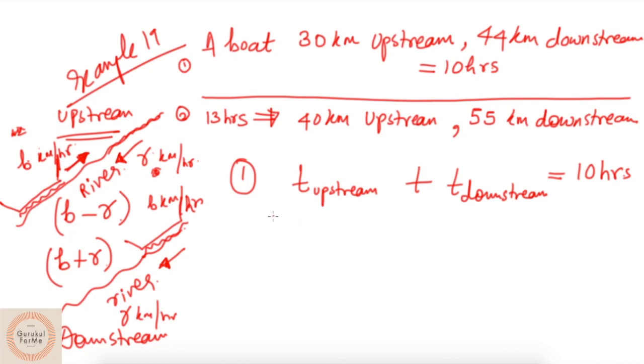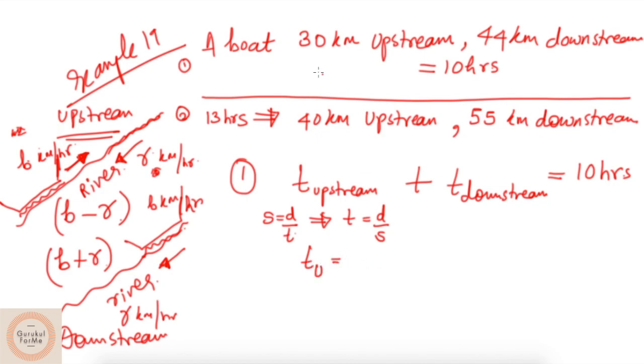What is the definition of speed? Speed is equal to distance by time. And then what is time? Time is equal to distance by speed. Brilliant. Can I say that for upstream, what is the time it takes to go upstream?